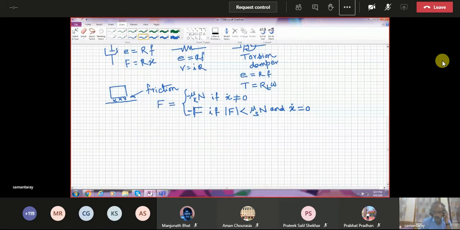Here you see again effort is not directly a function of x dot. x dot acts as a switch.